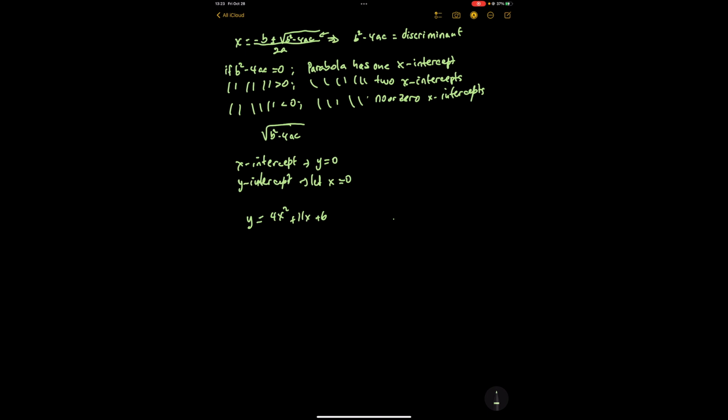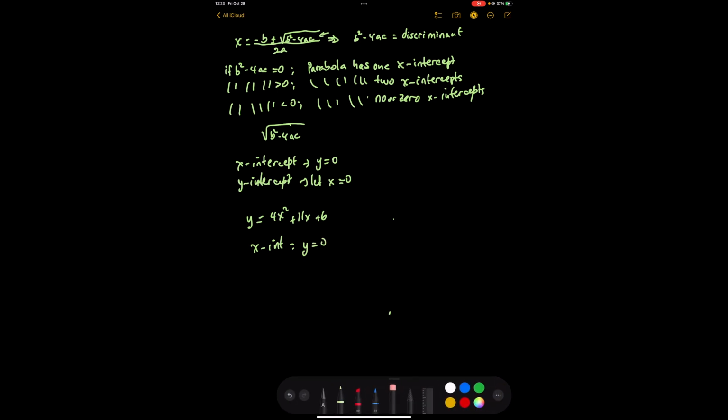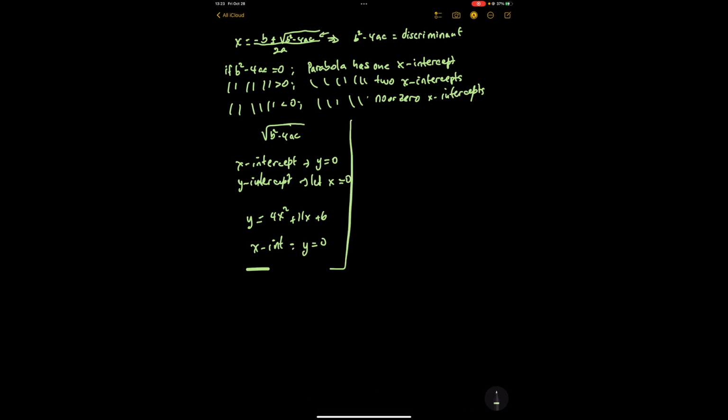Well, to find the x-intercept, y is equal to 0. So basically we're going to rewrite this function, replacing the y, so we have 0 equals 4x squared plus 11x plus 6.